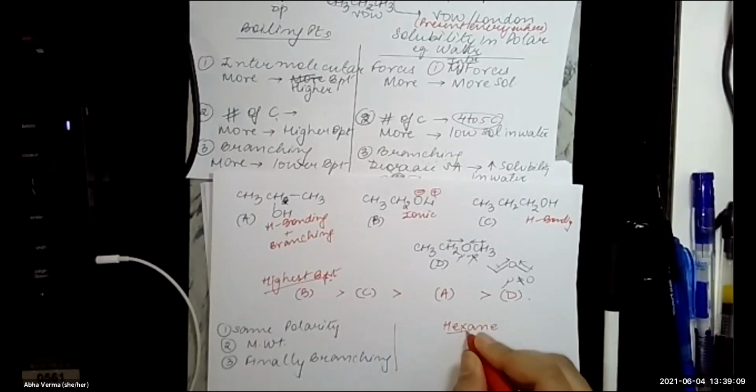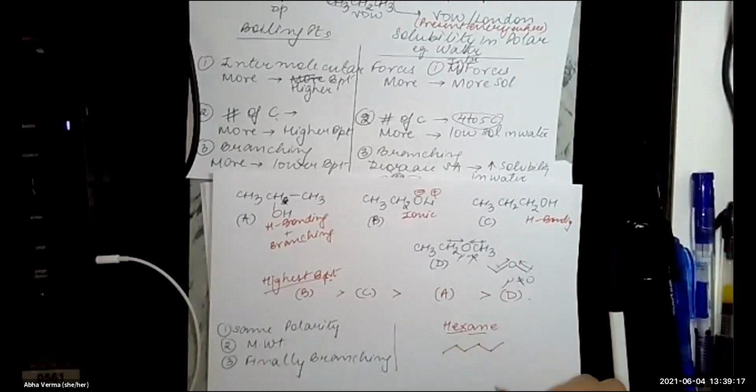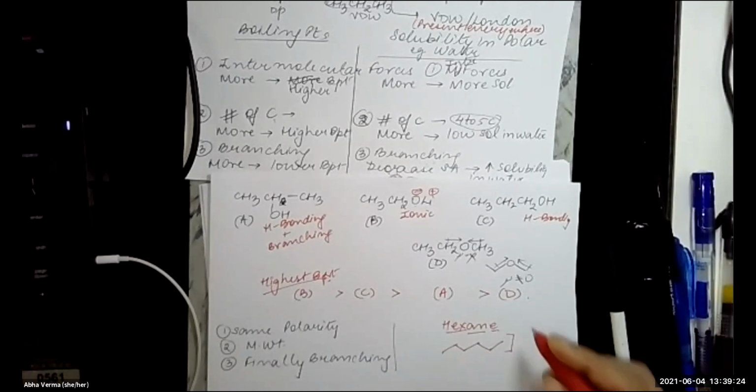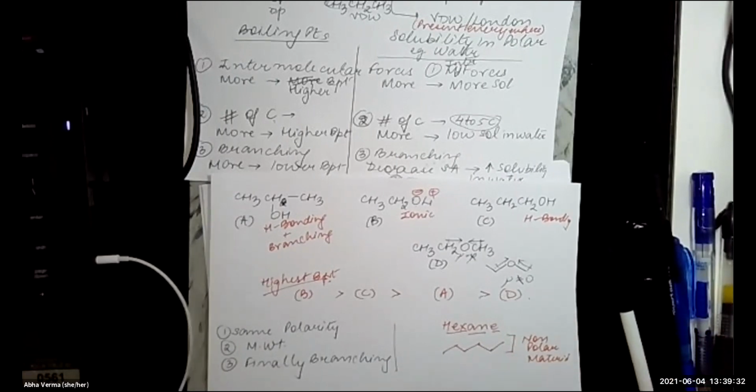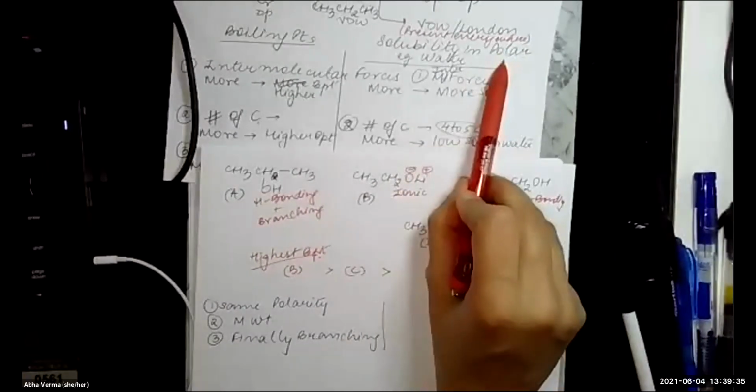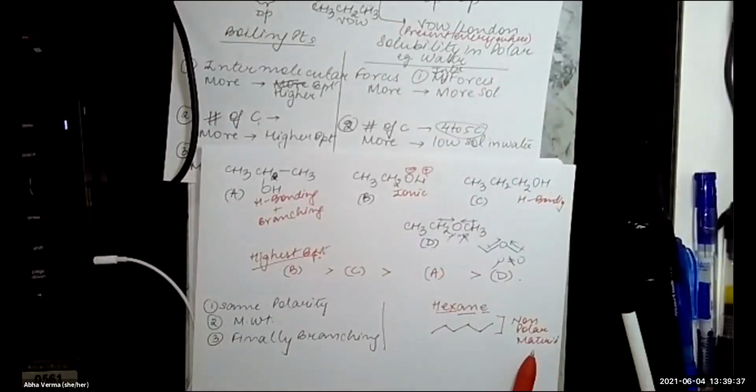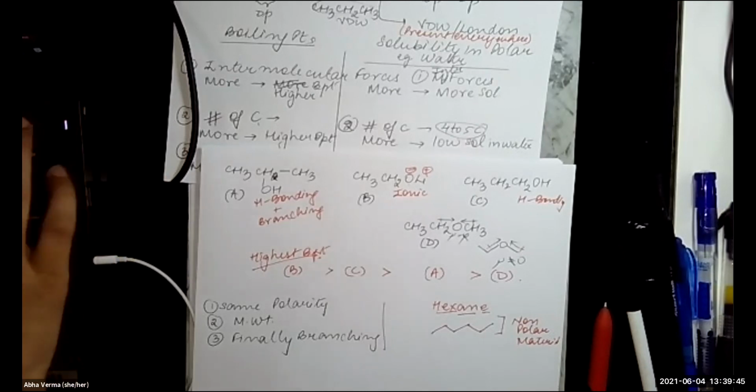Hex is 6 carbons, 1, 2, 3, 4, 5, 6. Throughout, hydrocarbon, no other priority. Did I say any other substituent? No. So what kind of a group is this? This is a non-polar material. So I'm not asking in a polar material. I'm asking you in the non-polar material. So you will see the poll now in front of you.